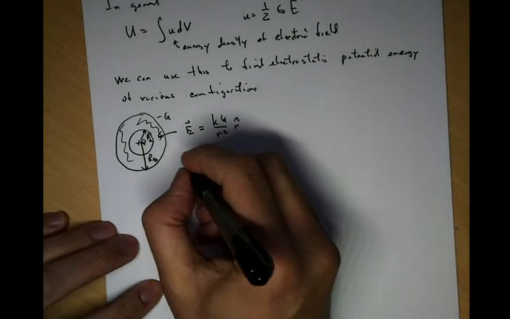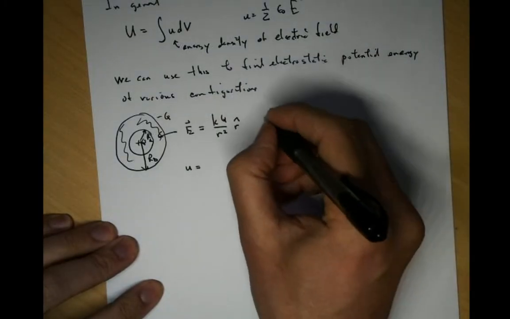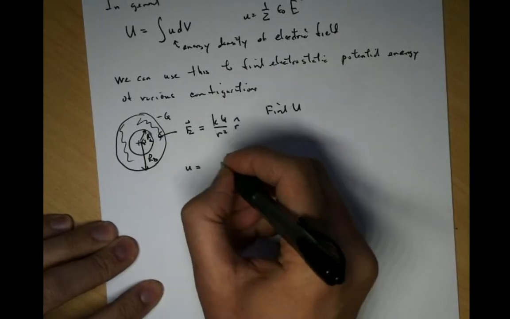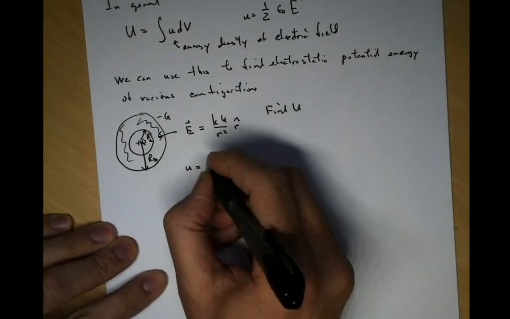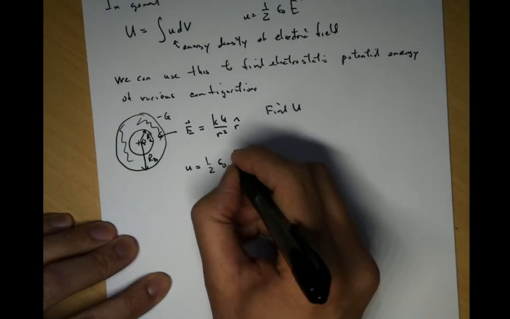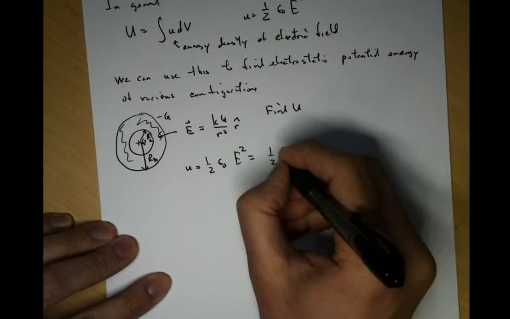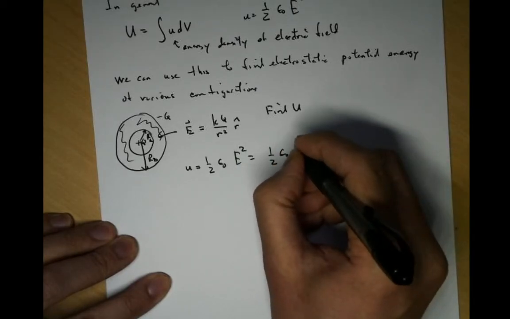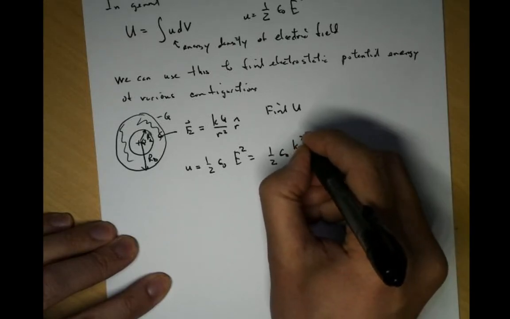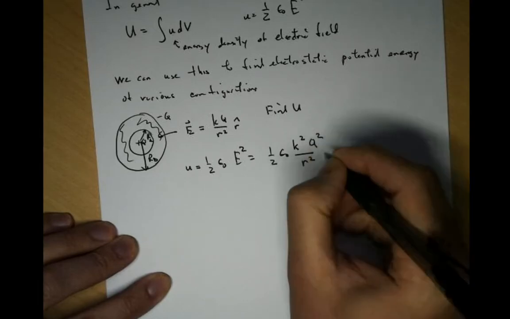Okay, so U is equal to what? So I'm going to find capital U, right? So what U is equal to? U is equal to, well, this is 1/2 epsilon naught E squared, right? So that's 1/2 epsilon naught. So this is going to be equal to K squared Q squared over R squared.